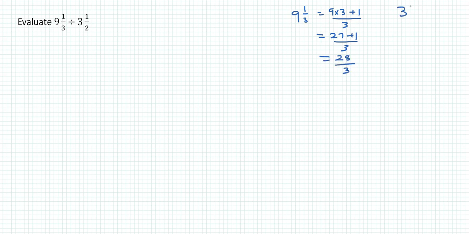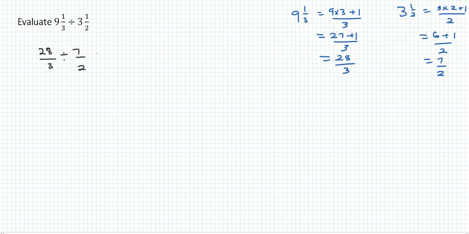And then 3 1/2 is going to be 3 multiplied by 2 plus 1 over 2, which is 6 plus 1 over 2. It's going to give us 7 over 2. So now what we have here is 28 over 3 divided by 7 over 2.